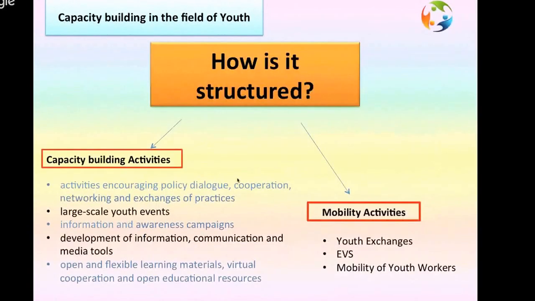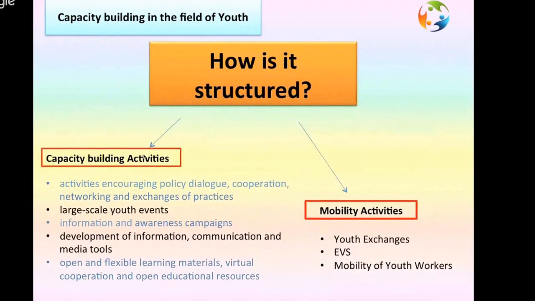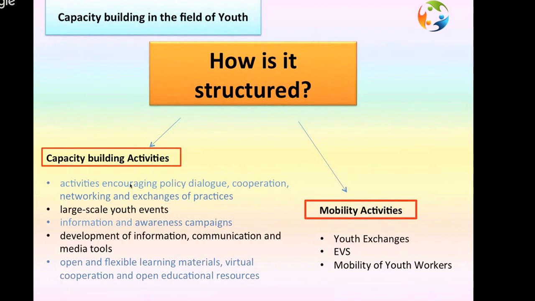How is it structured? As I was saying, there is one part of capacity building activities where you have to organize actions to encourage policy dialogue, cooperation, networking, exchange of good practices, large-scale youth events, information and awareness campaigns, develop information and communication media tools, open and flexible learning materials, open educational resources, and so on.